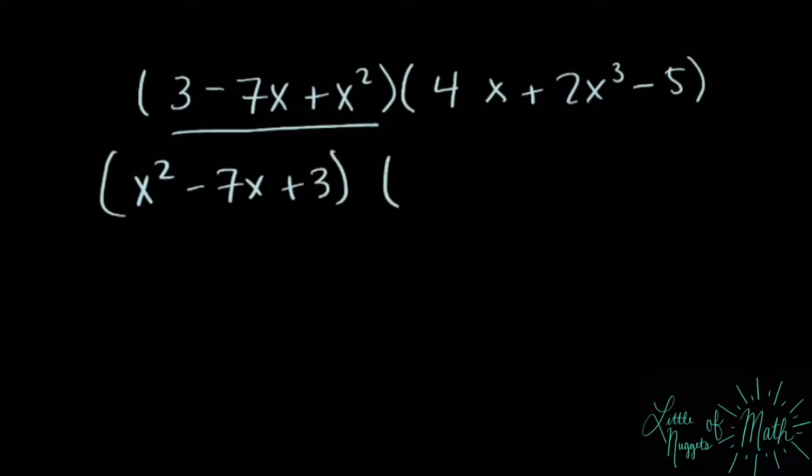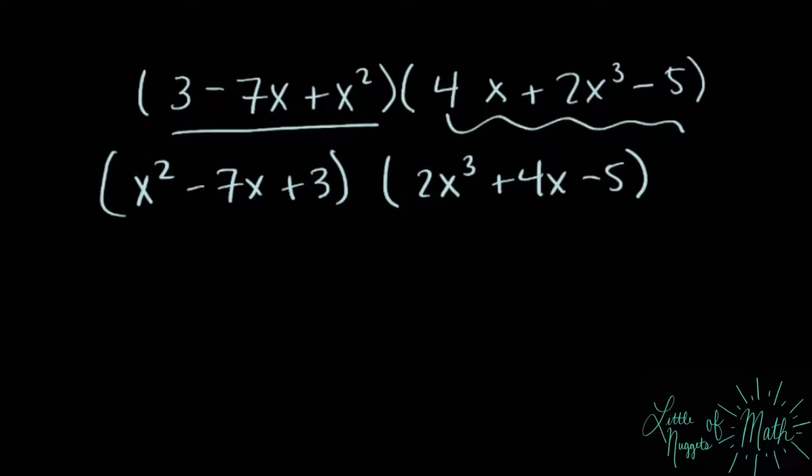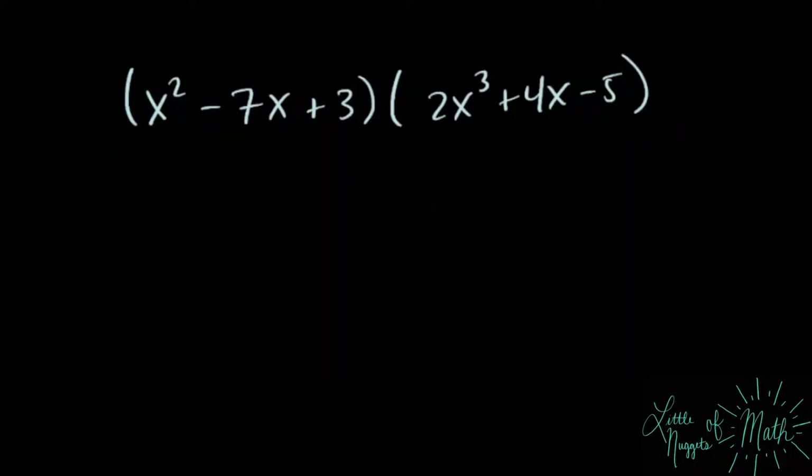And the second expression, we will do 2x to the third plus 4x minus 5. Notice that there isn't an x squared in the second expression, so we skip over that and move on to the next biggest power, which is x to the first. Now that we have them organized, let's multiply them together.